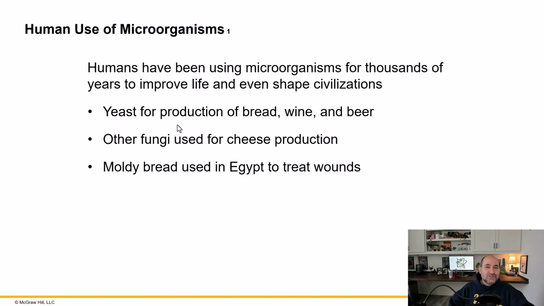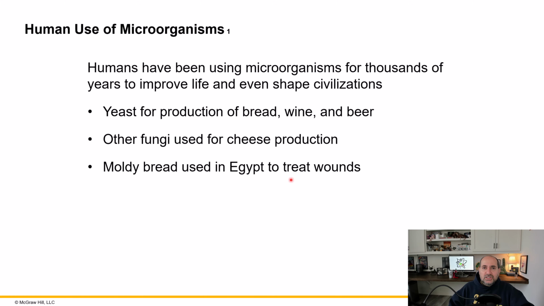And as I mentioned earlier, these microorganisms are so useful. As humans, we have been using these microorganisms to benefit us in so many different ways. Everything from production of various food and beverages like wine, beer, bread, cheese production, right?